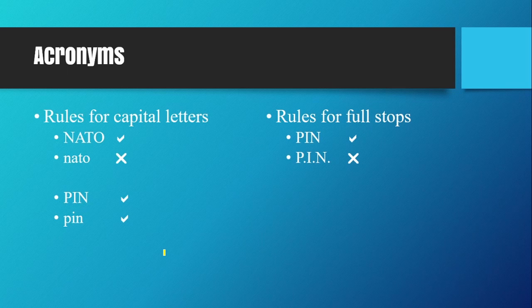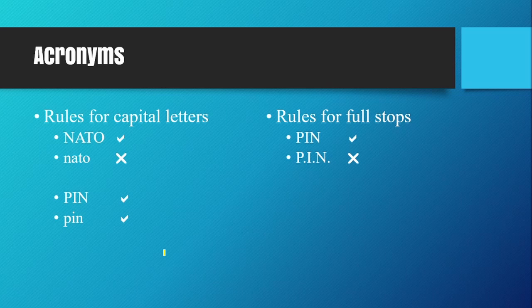Okay, guys, so rules are probably similar, except few. Like rules for capital letters are same. Like I said earlier, if the first letters in the full form are capital letters, then we always write the abbreviation with capital letters. For instance, NATO. In the full version of this abbreviation, we have each word starting with the capital letter.